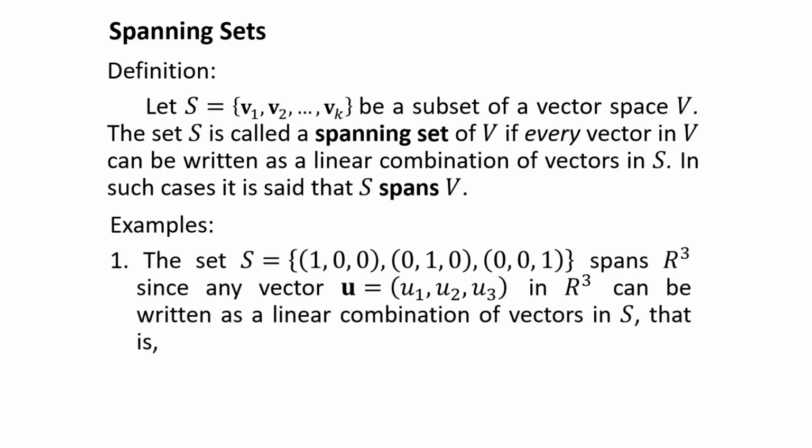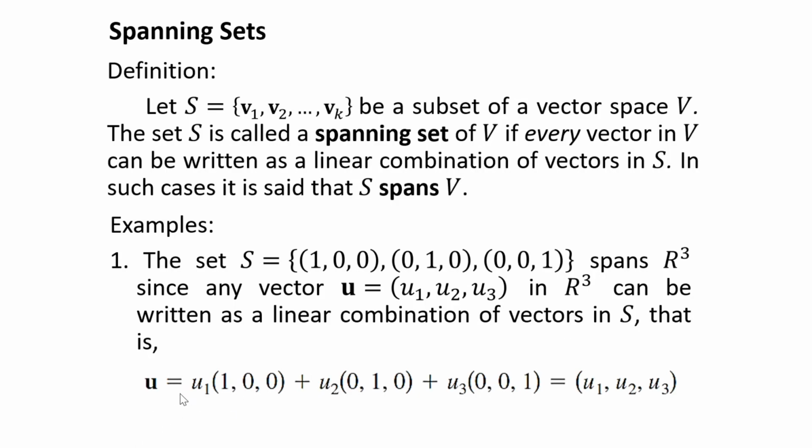So first, the set S containing these vectors spans R3 since any vector U in R3, we have U sub 1, U sub 2, U sub 3, can be written as a linear combination of vectors in S. That is, we have the vector U equals this plus this plus this, which is just equal to U sub 1, this is U sub 2, and then we have U sub 3.